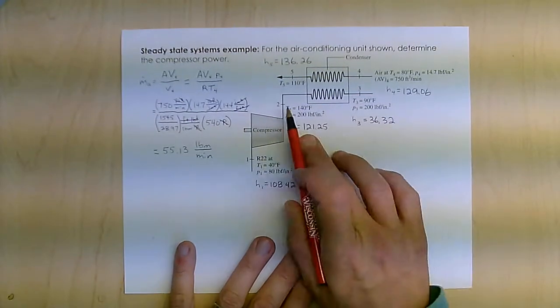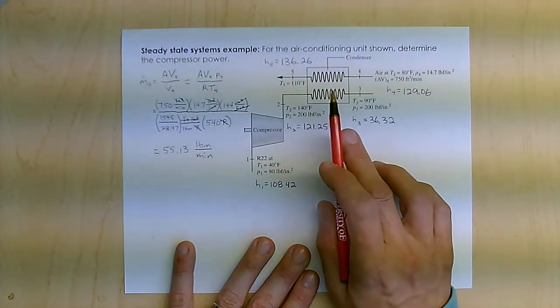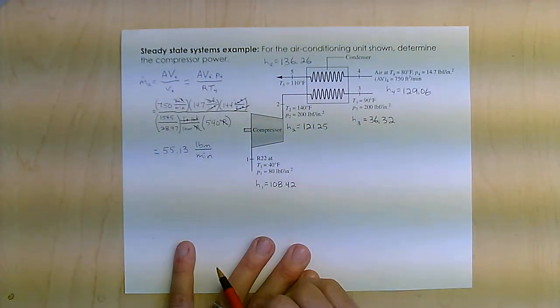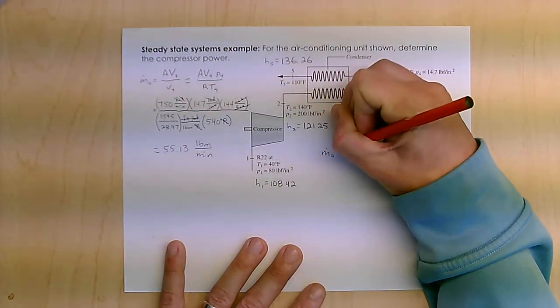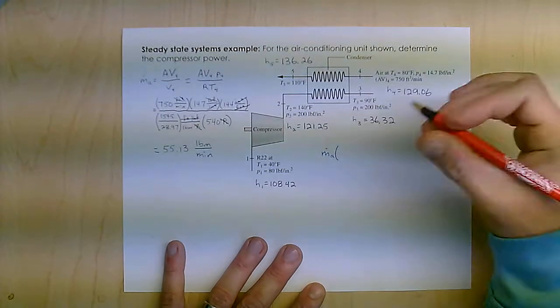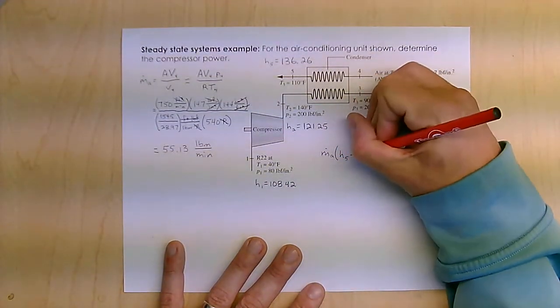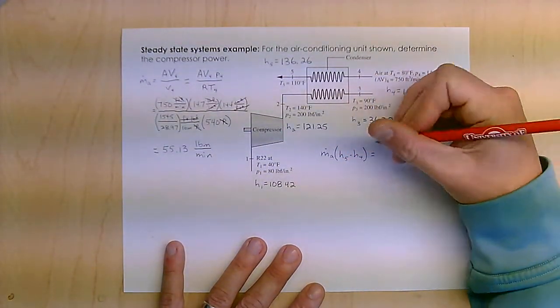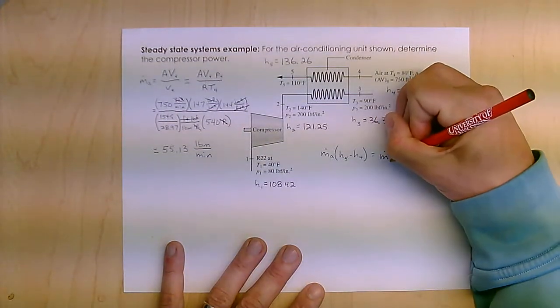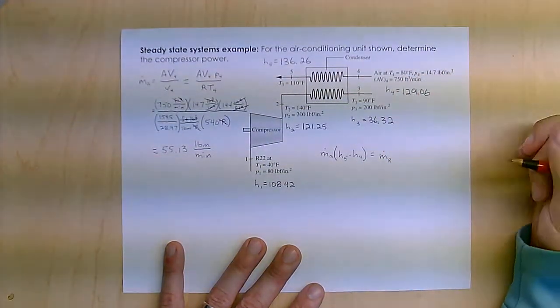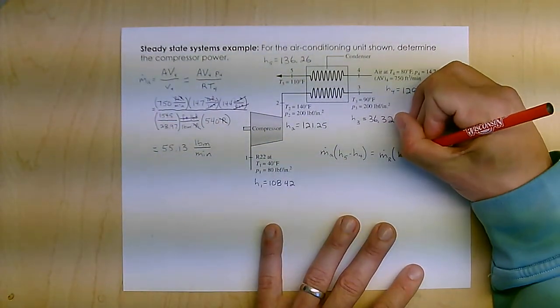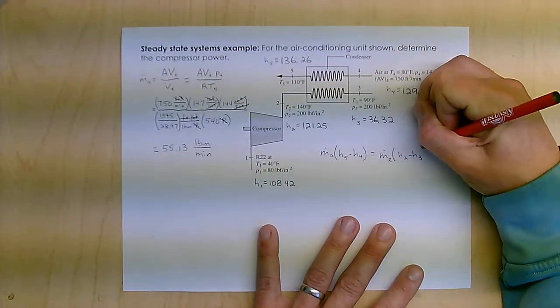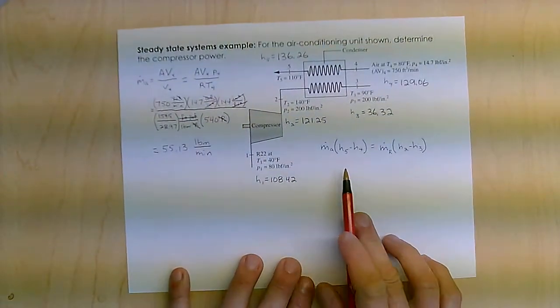Basically, the heat out of the refrigerant is the heat in to the air, which is to say the mass flow of the air times H5 minus H4 equals the mass flow rate of the refrigerant times H2 minus H3, right?